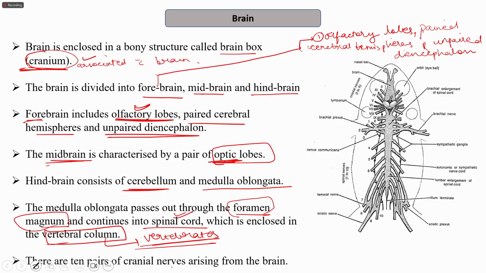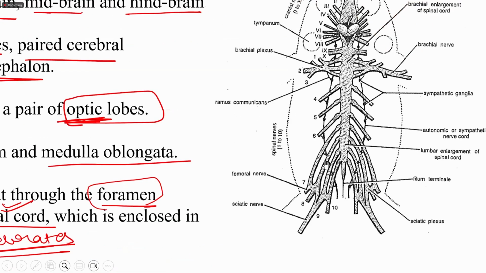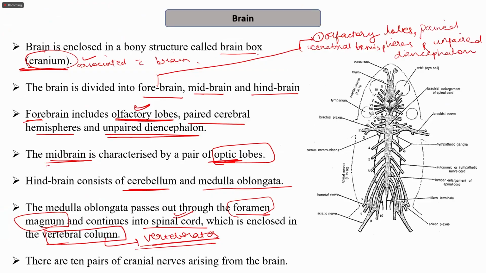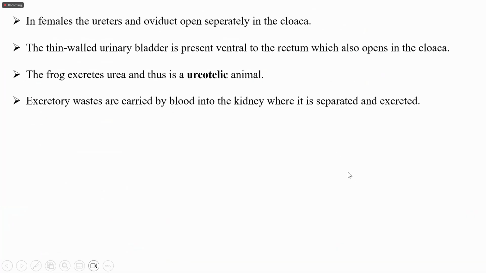Now there are 10 pairs of cranial nerves that arise from the brain, as well as 10 pairs of spinal nerves. So the number may be asked: how many pairs of cranial nerves or spinal nerves are there.